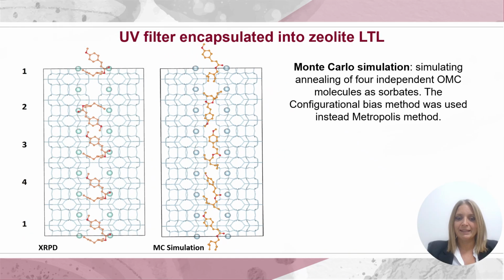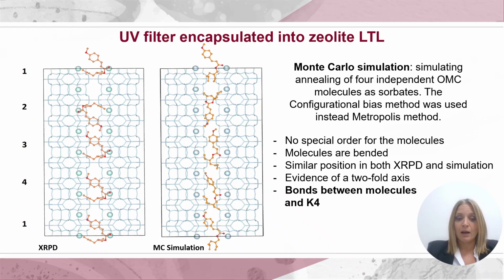To be sure that this bond is real and our model is really close to reality, we also performed Monte Carlo simulation. We used the model that we designed with X-ray powder diffraction as the input of the Monte Carlo simulation, and we can just look at the two images, one from X-ray and the other from the Monte Carlo simulation.